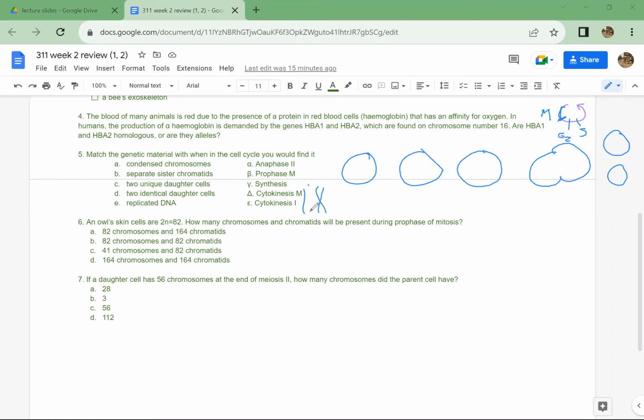Which do we think we'd find? Exactly, because we're in mitosis past the synthesis phase. Our individual chromatids have already duplicated to create their sister, and now chromosomes are made up of 2 sister chromatids. So we would find genetic material within our cells that looks like this. Those little X's, the chromosomes.